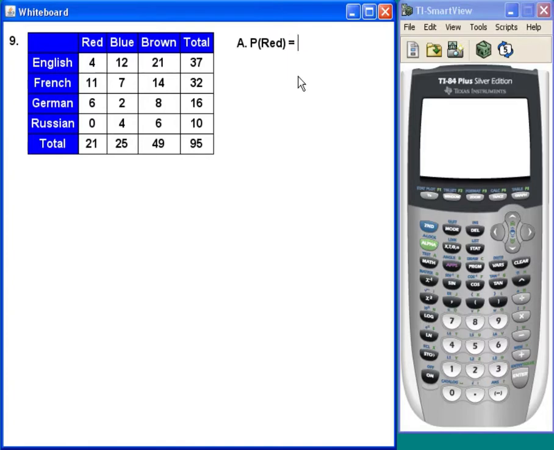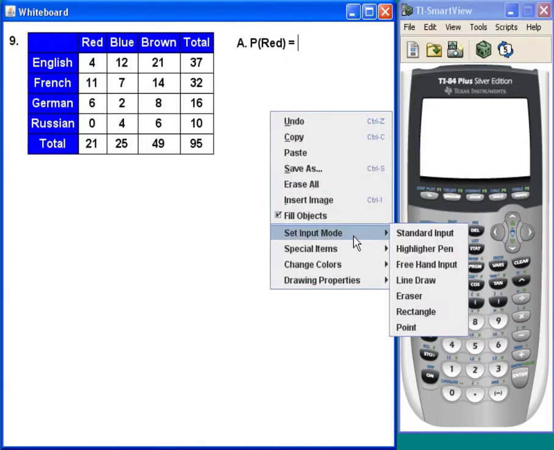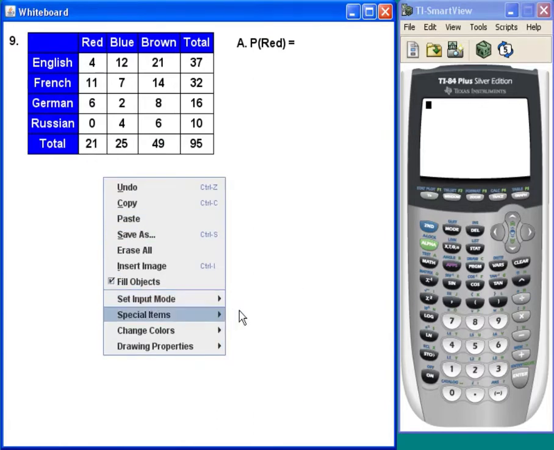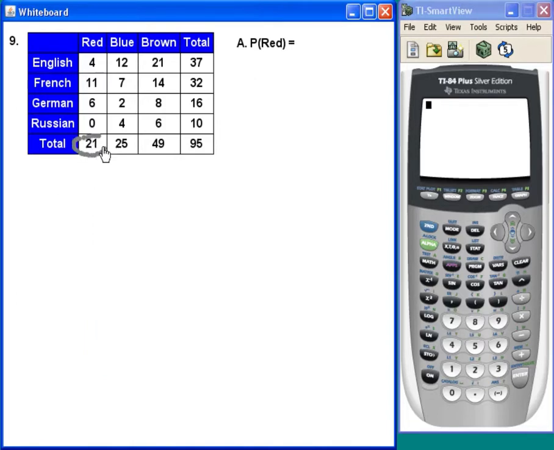All right, the probability that the book has a red binding, what we're going to do is look at the total number of books that have red bindings, and we're going to divide that by the total number of books altogether.